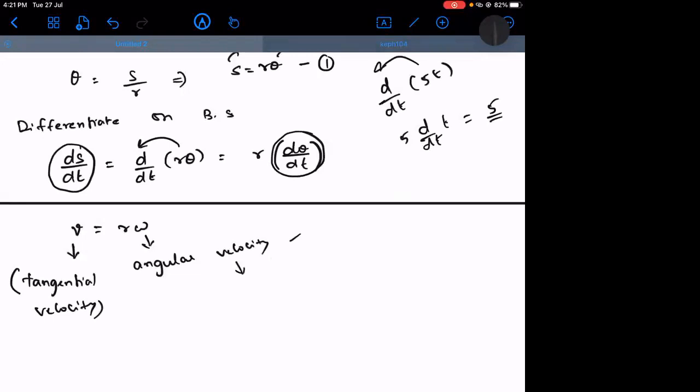Angular velocity is defined as the rate of change of angular displacement. Just like linear velocity is the rate of change of linear displacement, angular velocity is the rate of change of angular displacement.